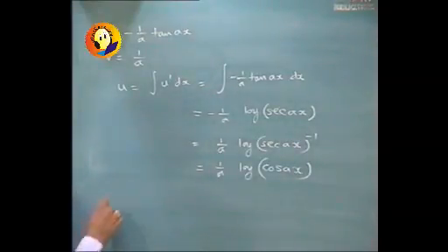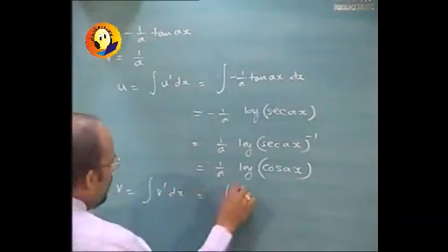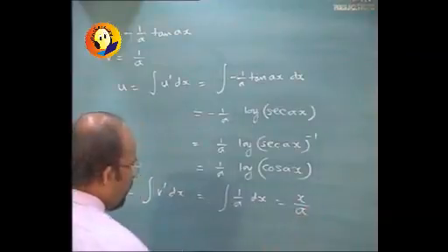And v will be equal to integral v dash dx, which is equal to integral 1 upon a dx, which will be simply x upon a.